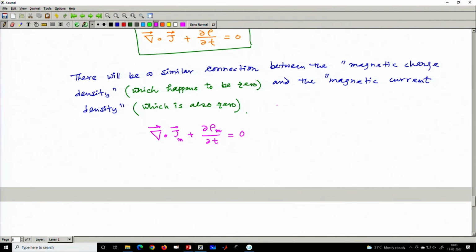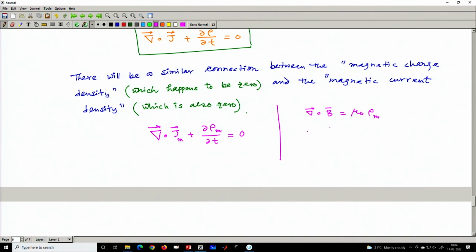Both are 0. So, in the equation, then how does the equation look? Then the equation was something like divergence of B. Now it is 0, but if I have that, it should look like this.